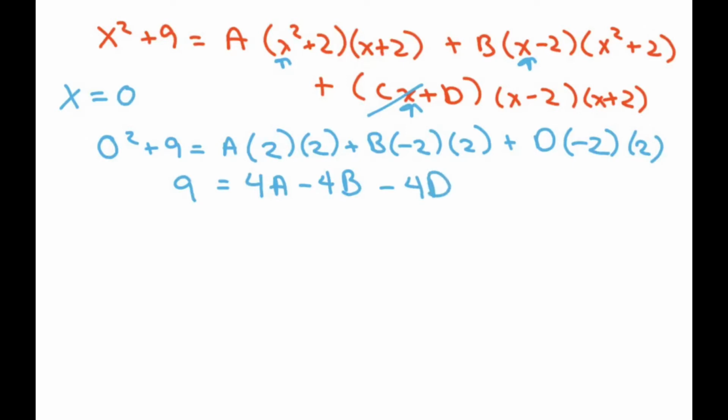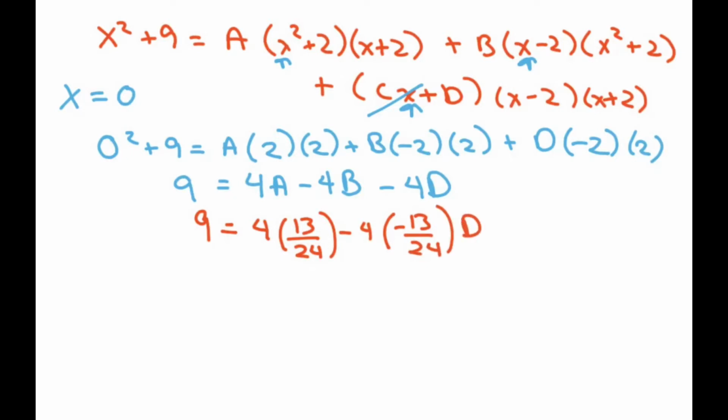Now we already have our a and b. So we get 9 equals 4 times 13 over 24 minus 4 times negative 13 over 24, minus 4d. Or no, not times d, but minus 4d right here. So cleaning all that up, I'm going to move the 4d over here.